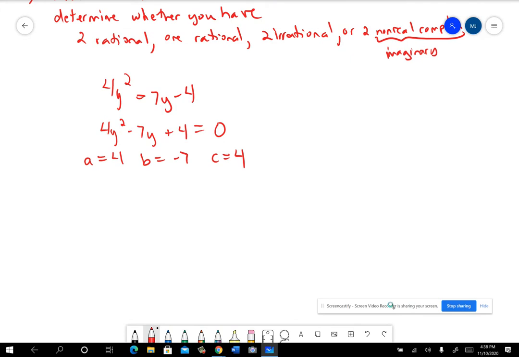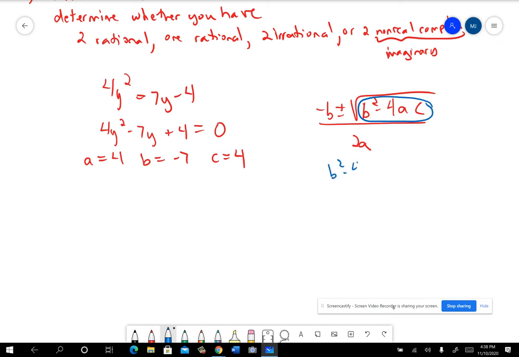Okay, but instead of plugging into the whole entire quadratic formula, which, by the way, you got to know that, you're going to just grab the discriminant. That's the discriminant. So you're going to grab that and just plug into it.